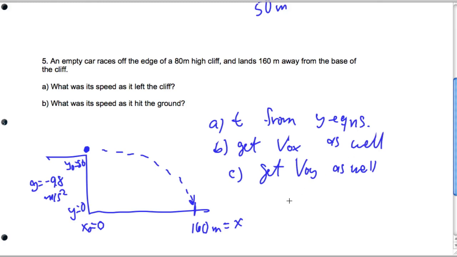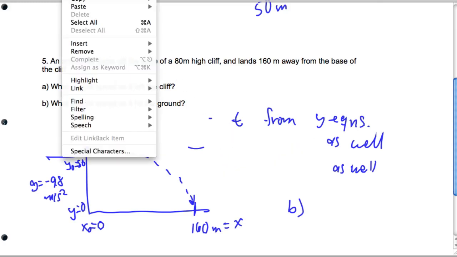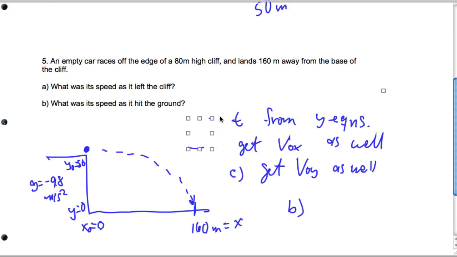And then to get part B, so this is going to be the answer. So actually I shouldn't say A, B, and C like this. I should number these as 1, 2, and 3. So we'll make this 1, 2, and 3.